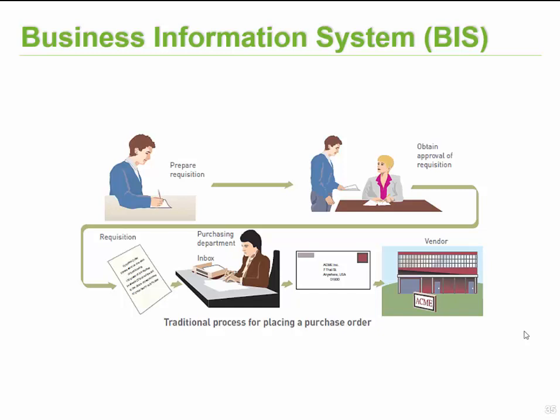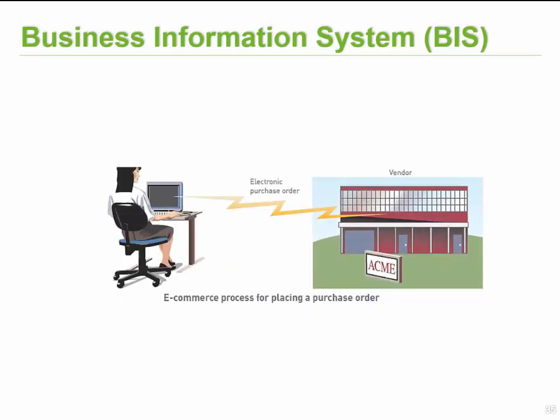That was then sent to a purchasing department, they would have mailed it to a vendor, and then the whole process would have continued. Nowadays, with e-business, electronic business and e-commerce, we find that people can now typically directly communicate with a vendor by themselves if they're given permission, and then they can conduct that transaction with a lot less hassle.